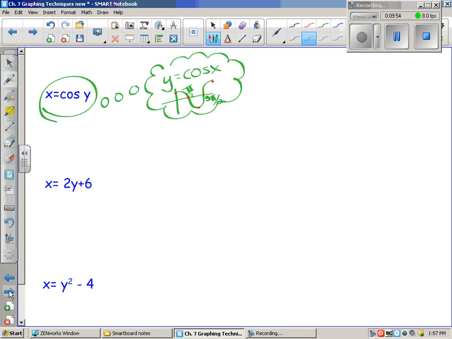How do you know how to draw this? Somebody said they knew how to draw it. It is the inverse cosine. The main clue, how do you know that's true, Nick? Right, you switch the X and the Y. So that should be enough of a clue to say, hey, that's the inverse graph. So you actually thought, hey, wait a minute, that's the same thing as the inverse cosine graph, which we have done before.